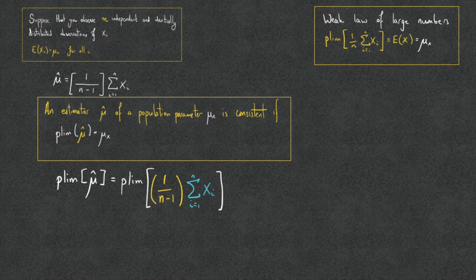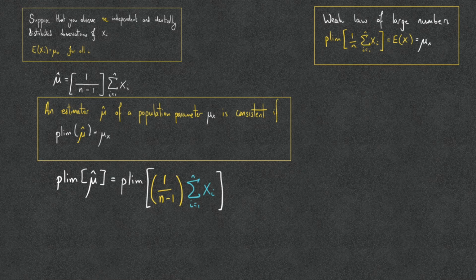Now, because we're going to use the weak law of large numbers, a good strategy to this sort of problem is to try and write your estimator somehow related to the sample mean. So is there any way that we can rewrite this expression inside the probability limit related to the sample mean, 1 over n times the sum of the xi's?